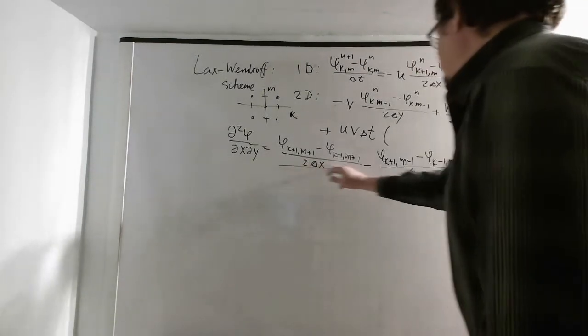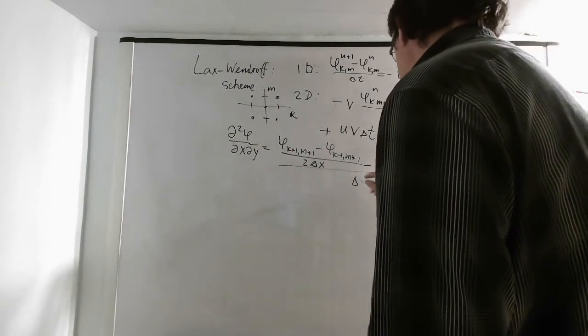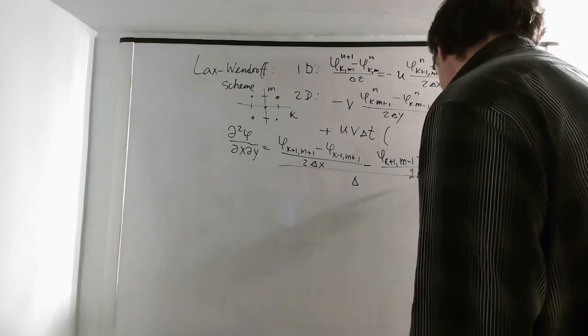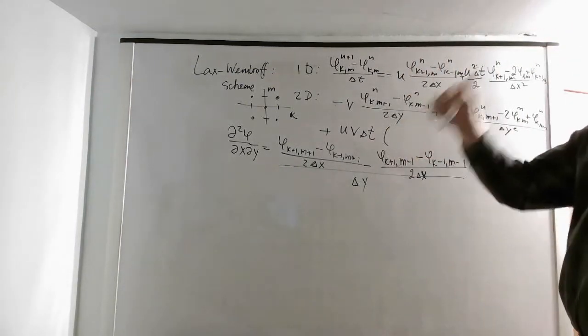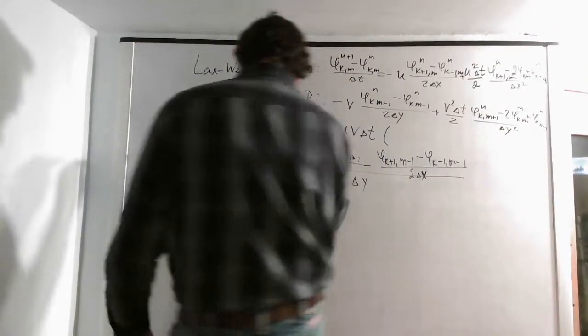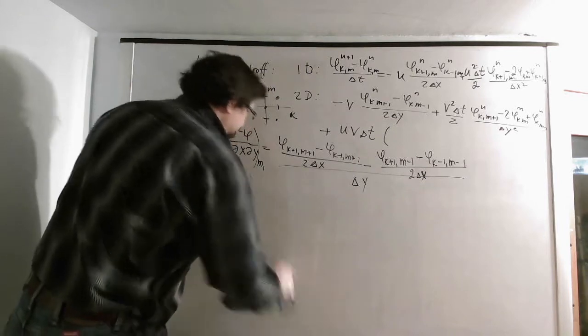and you divide it by delta... no, this one is delta x, this is delta y. So this is how you approximate this derivative at k, m.